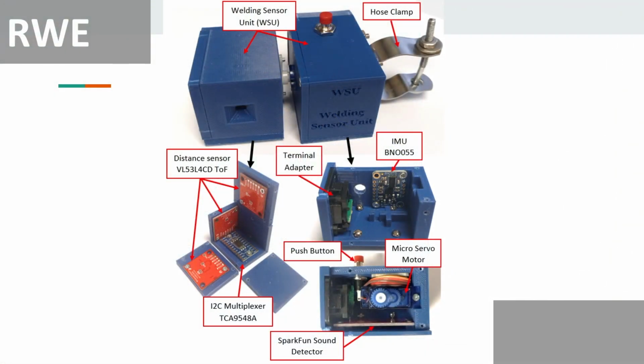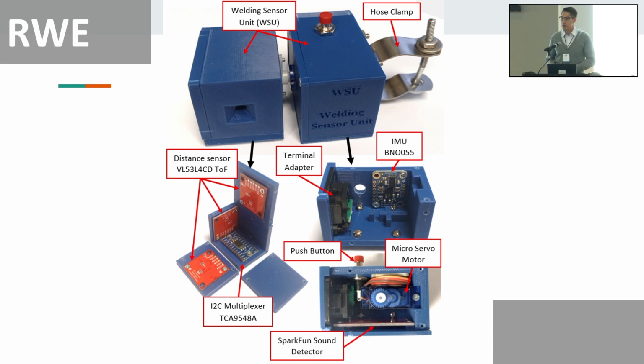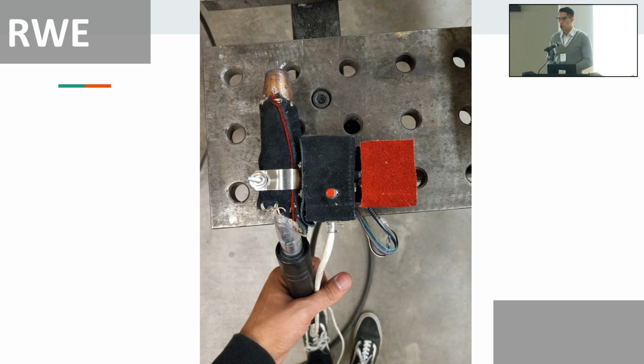It has 1 IMU to measure the angles, 3 distance sensors to measure the displacement, velocity, and the distance between the tip of the torch and the surface. We have a servo motor, and we have a sound detector because sound is really important in a welding process. It is really easy to clamp it to a real weld torch.